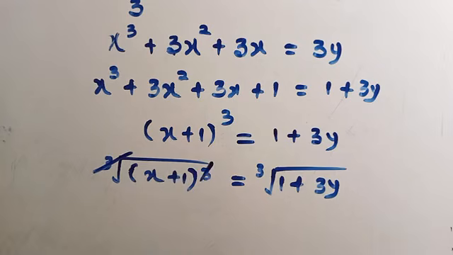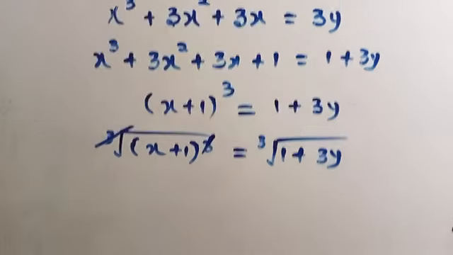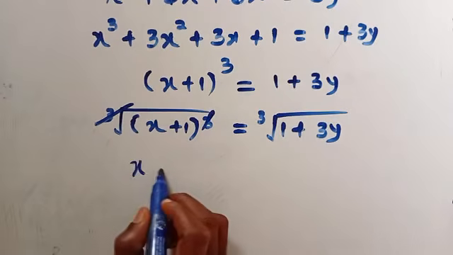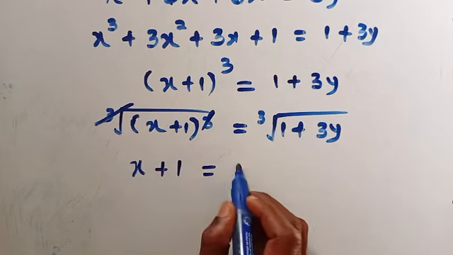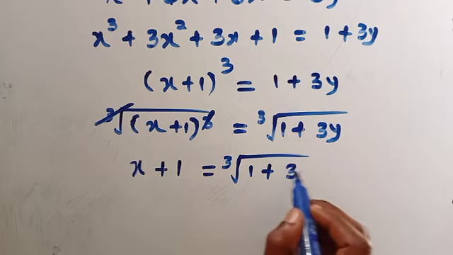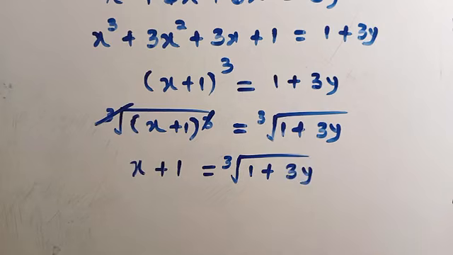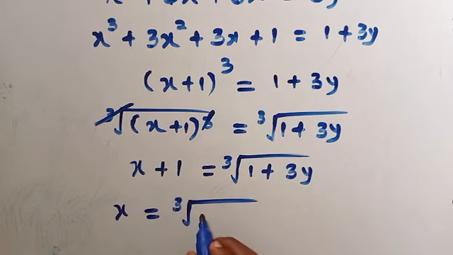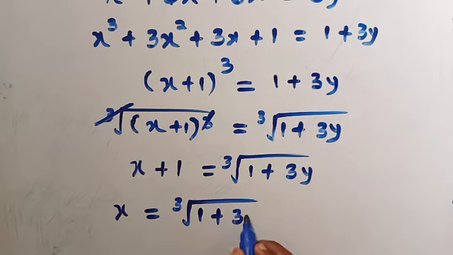So this cancels this, and we have x plus 1 equals the cube root of 1 plus 3y. Let's subtract 1 from both sides. So we have x equals the cube root of 1 plus 3y, then minus 1.